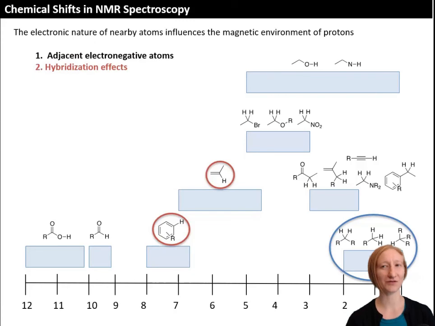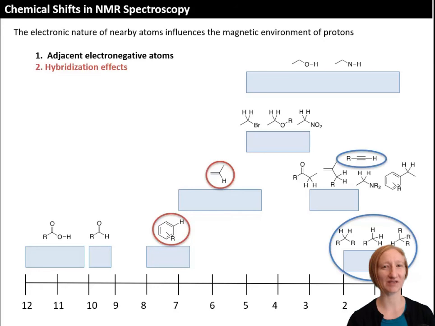We also saw the influence of hybridization on the chemical shift. And here we can compare sp2 hybridized CH bonds to the sp3 hybridized CH bonds of alkanes. And the increased s character leads to a downfield shift of those protons, of alkenes and of arenes. The exception that you'll need to remember, and we'll discuss it in more detail later, is alkynes.